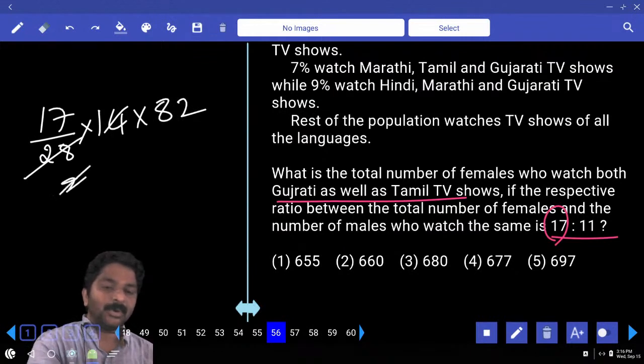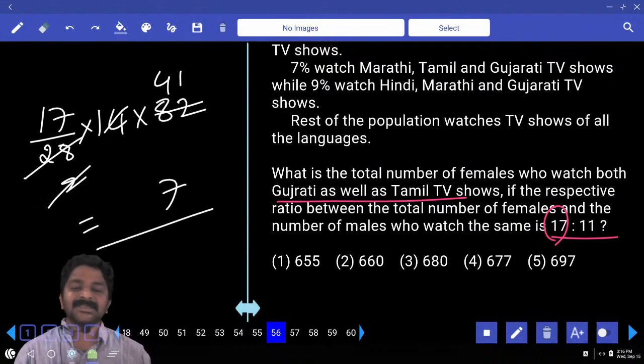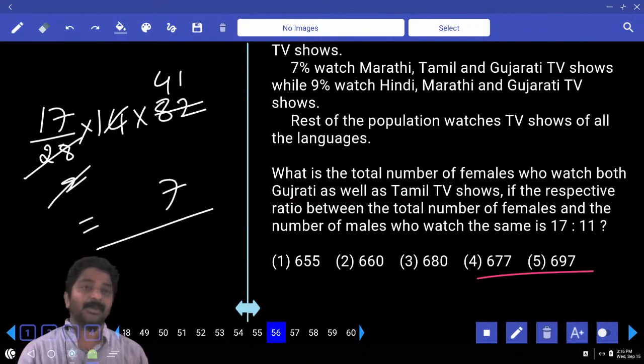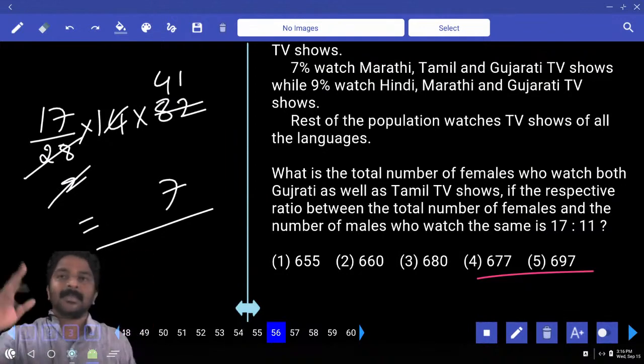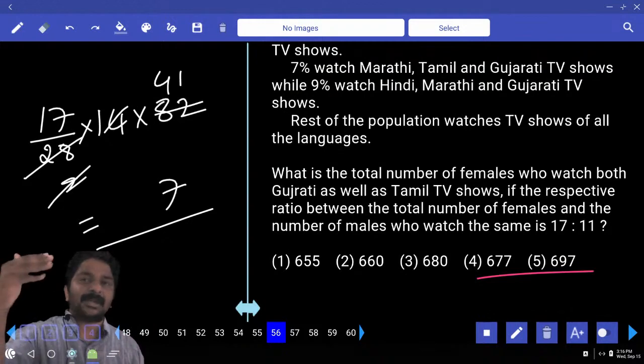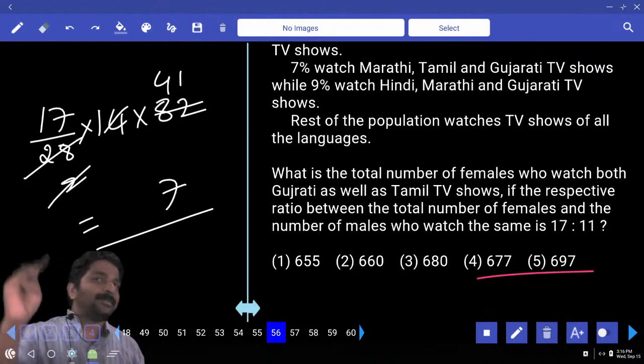2 times. 2, 41. Number ends with? Answer must end with? How many options are there? 2 options are there. So we have to calculate. 17 into 41 times. Let's calculate 40 times and then we'll add one more time. Is that okay? 17 double, 34 double, 4 times is 68.